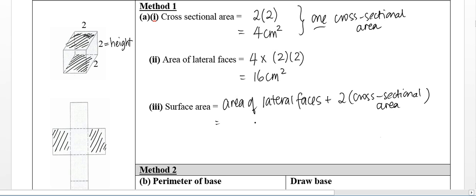The area of the lateral faces, we have found it just now, it's 16, and then we add it to 2 times the cross-sectional area. This will therefore give us 24 cm square. Okay, so this is the traditional method: we take out the faces one by one and then we add them all up together in the end.